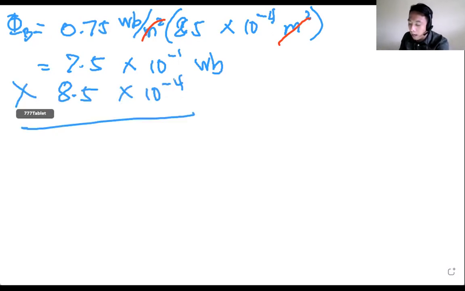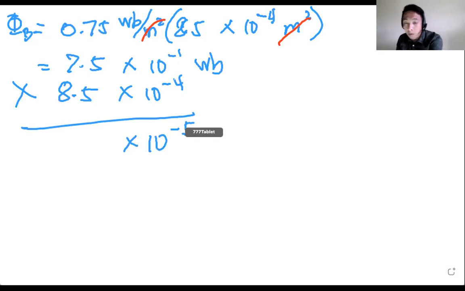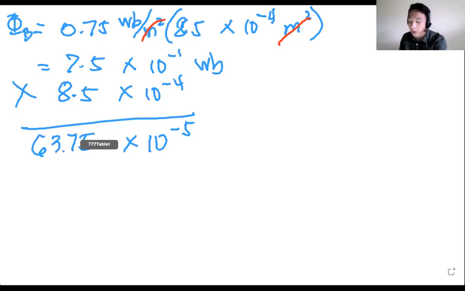So we just multiply. I will copy the base and the exponent becomes negative 5. And 7.5 times 8.5 is 63.75. This is greater than 9, so it cannot stay like that, because it is not part of the characteristics of scientific notation.